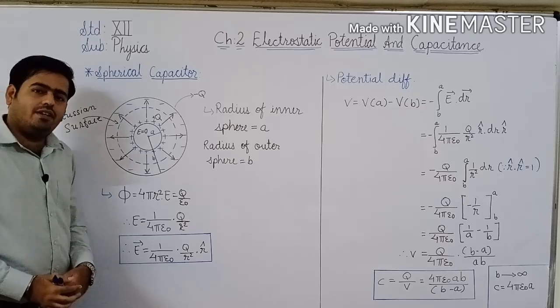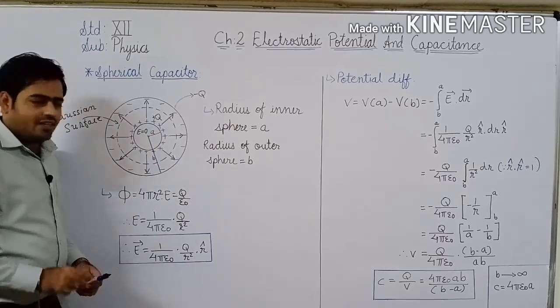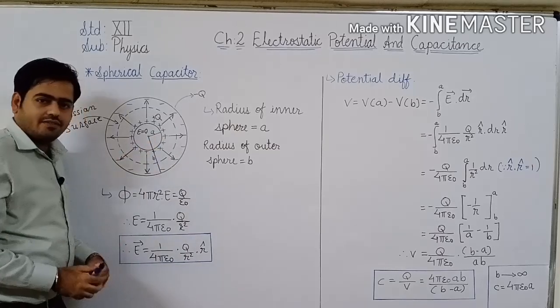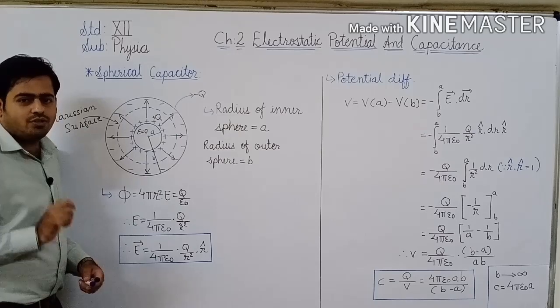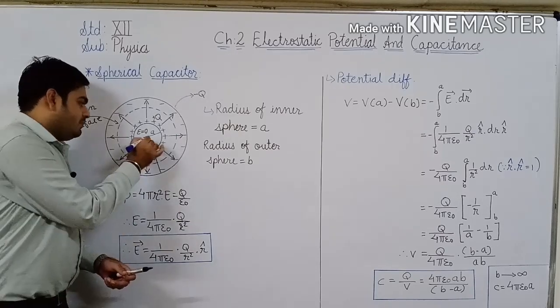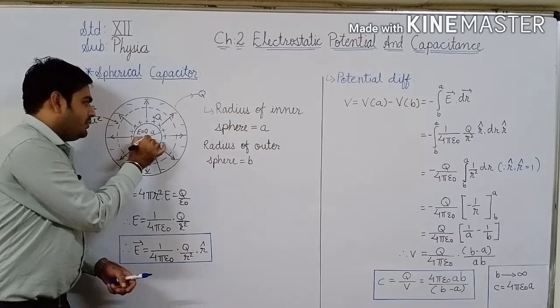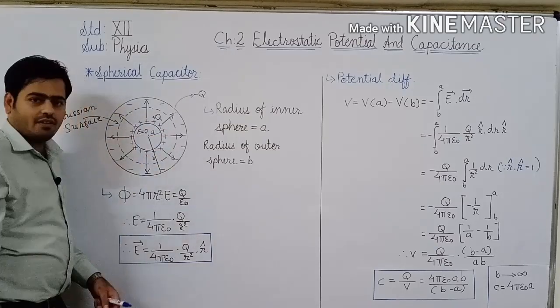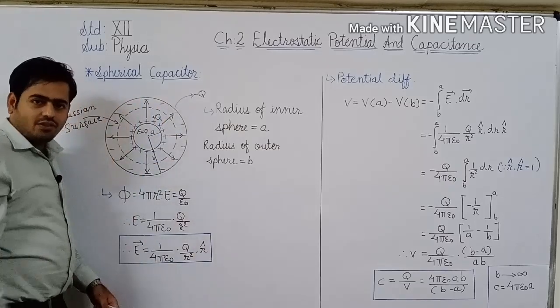Here the electric field between these two conductors, in the gap between the outer sphere and the inner sphere, is only because of the positive charge, not due to the negative charge, because electric field inside the conductor is 0.